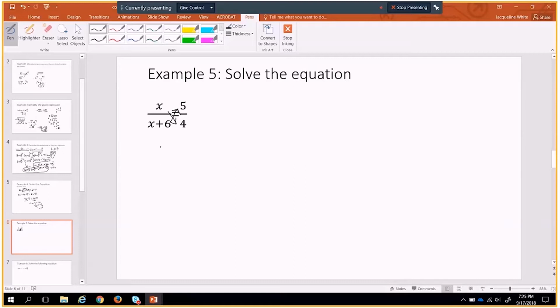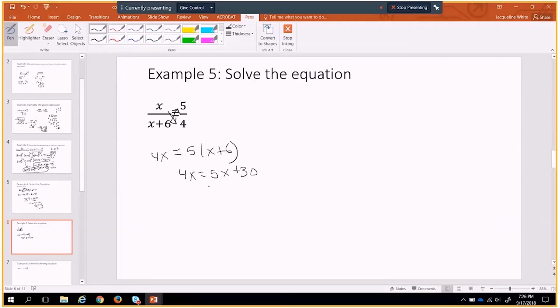We have 4x, which is going to be equal to 5 times x plus 6. Okay, we want to solve for x, guys, so we want to distribute that 5 into the x plus 6. So that's going to be 4x is equal to 5x plus 5 times 6, which is plus 30, right?